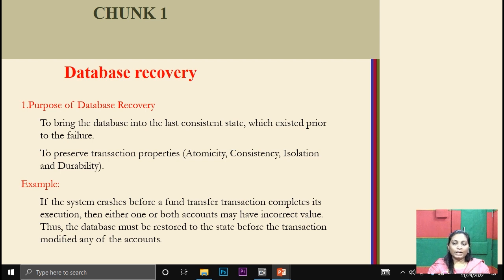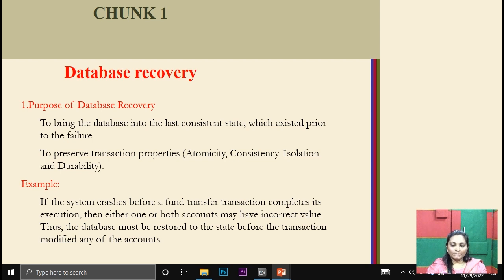A transaction is nothing but, if we deposit money in the bank, this is one transaction, or if we withdraw money from the bank, this is another type of transaction. If a person's account has a balance of 10,000 and he withdraws 5,000 from that bank account, then what is the balance? 10,000 minus 5,000, the total balance in that account is now 5,000.